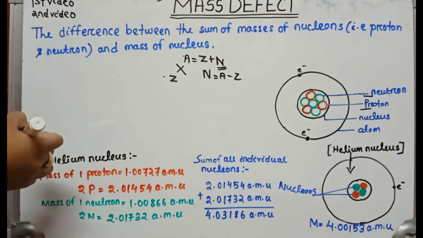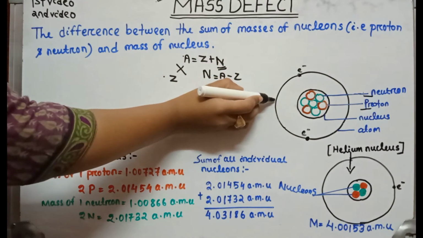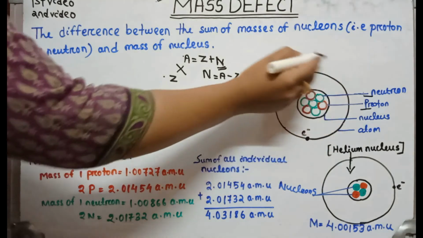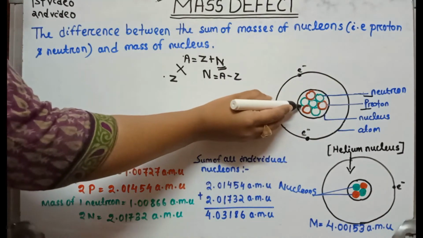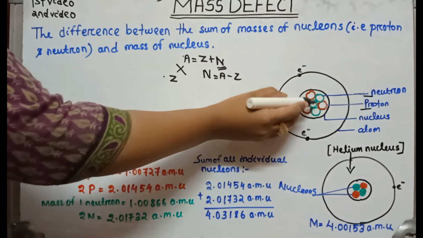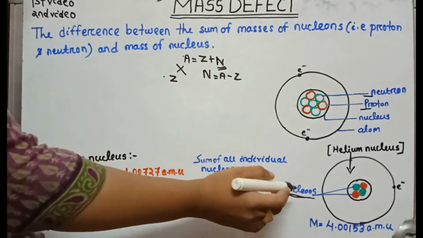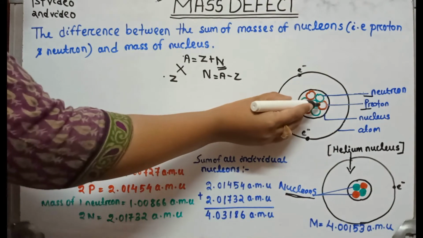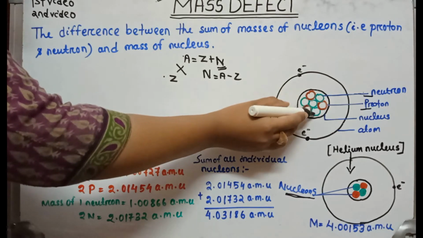Now see here, this one is an atom and electrons are revolving around the nucleus. That nucleus consists of a number of nucleons. Nucleons means both protons and neutrons are known as nucleons.